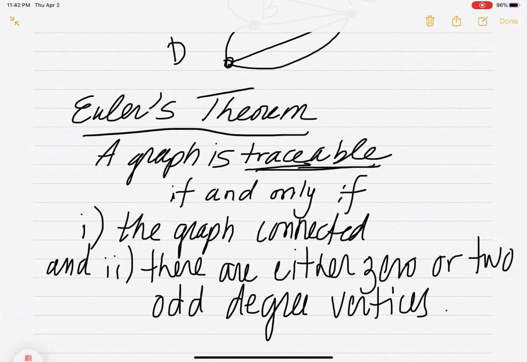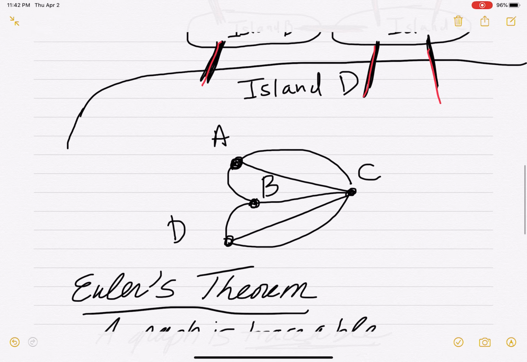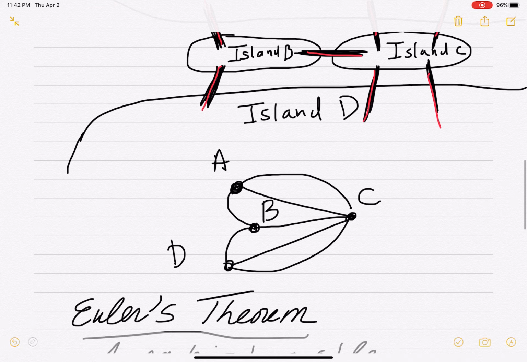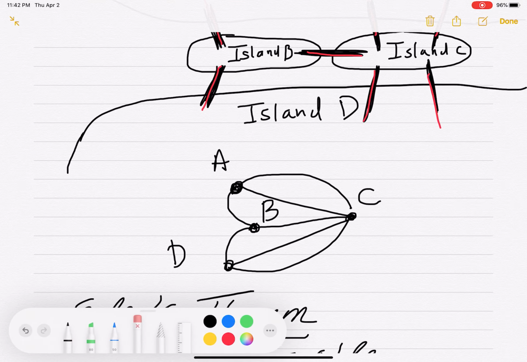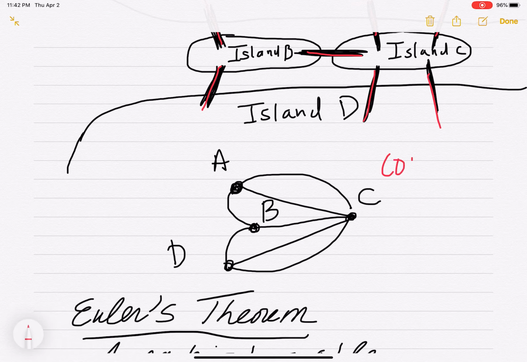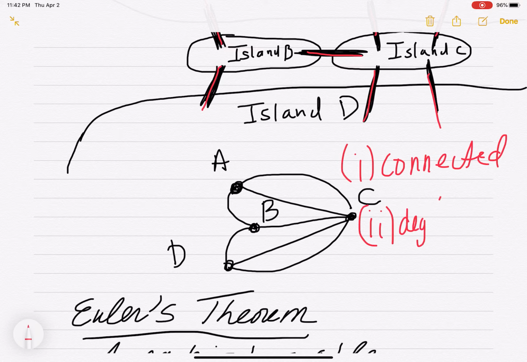So, if I go back and look at the graph of Königsberg, first of all, it's definitely connected, right? Connected, so no problem there. But, part 2, let's look at the vertices. What's the degree of A? 1, 2, 3, right?